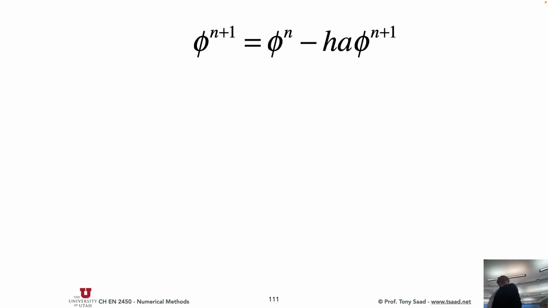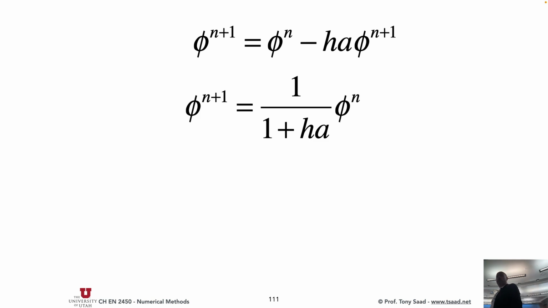So let me do this exercise with you together. For the backward Euler method, this ODE turns into phi n plus 1 equals phi n minus ha phi n plus 1. Compare that to the forward Euler method, which was phi n plus 1 equals phi n minus ha phi n. Now we have phi n plus 1 here. When you combine the two and solve for phi n plus 1, remember our condition for stability was that phi n plus 1 is always less than phi n.